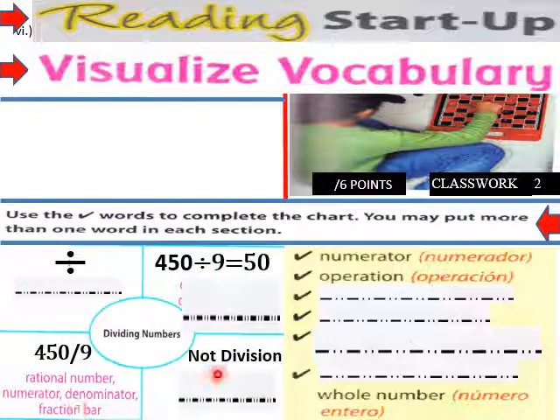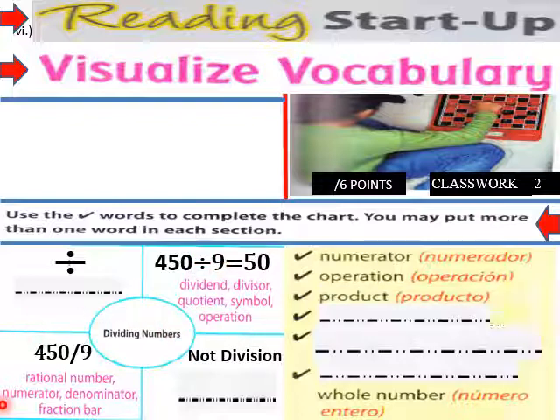Division is an operation. We have dividend, divisor, dividend, quotient. Here's the symbol, the division symbol of an operation. Product will be not division, yes. Multiply produces a product.